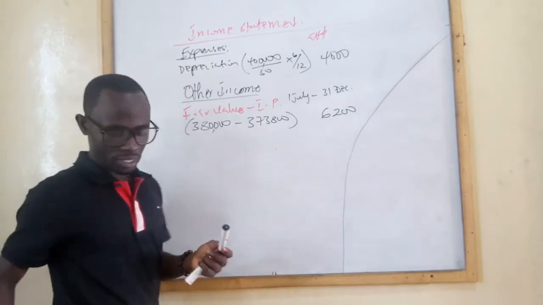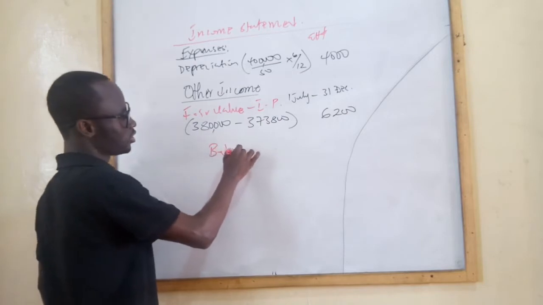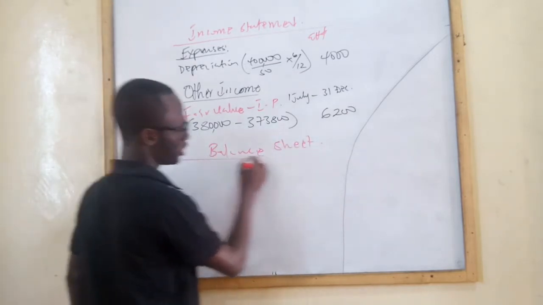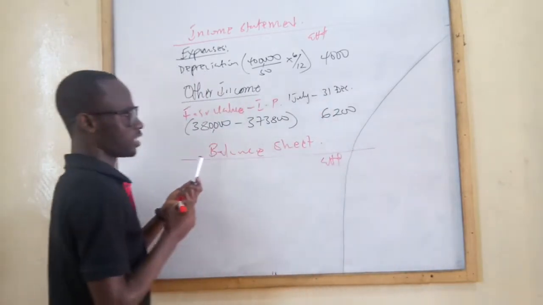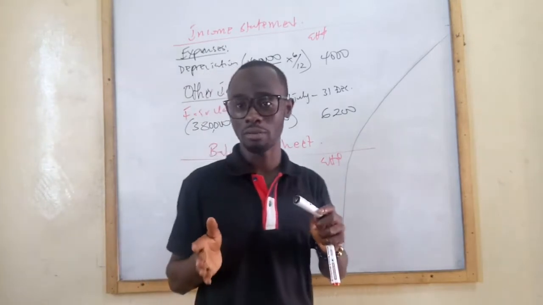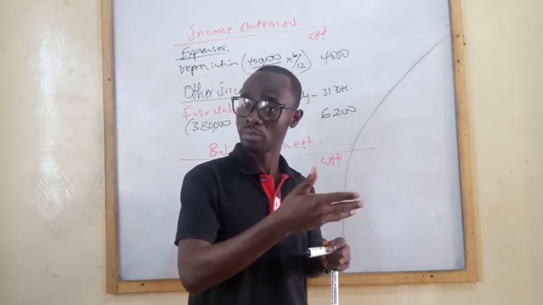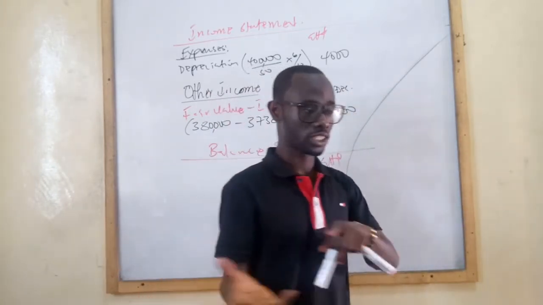Now let's look at what happens in the statement of financial position or balance sheet, good old balance sheet. As at 31st December, there is not going to be any property, plant and equipment again, because it has been converted into an investment property.